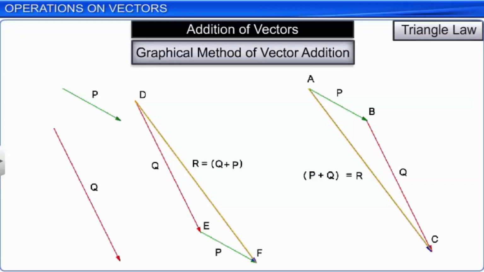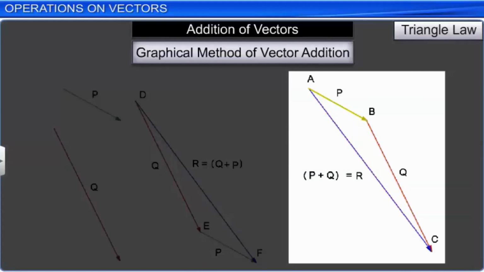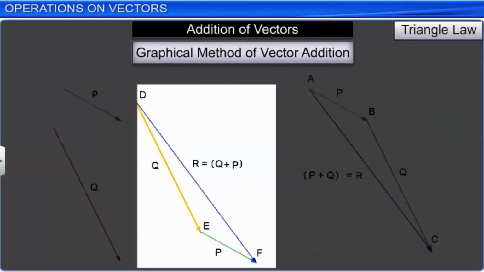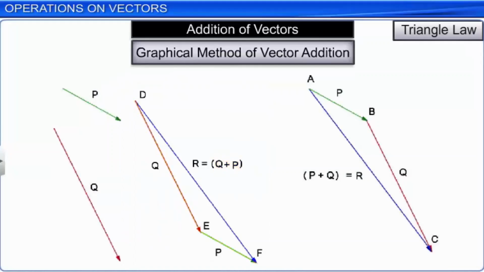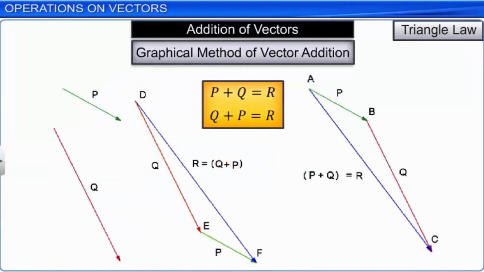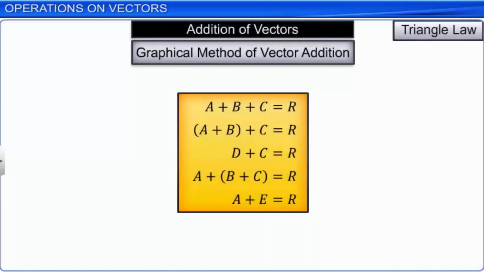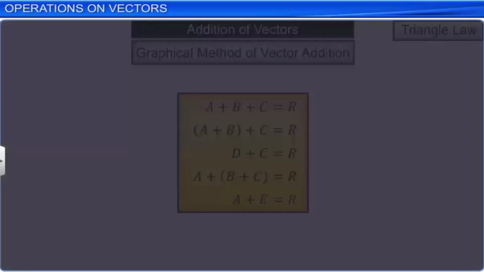Vectors also obey the associative law of addition. To understand this, consider three vectors A, B and C lying in one plane. Add A and B to get D. Then add D and C to get R, which is the final result.